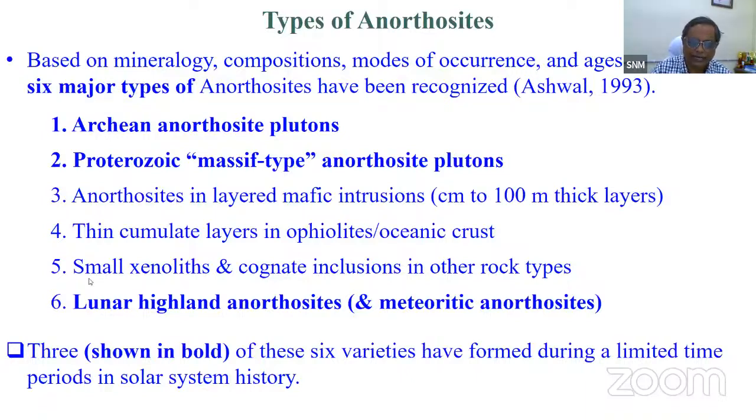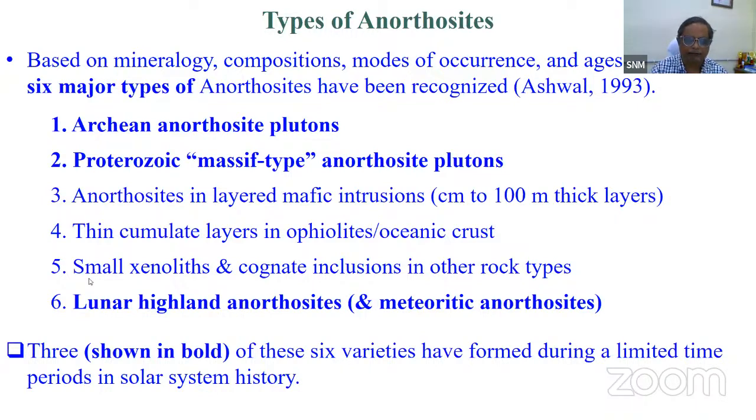The Archean anorthosites, as the term indicates, formed in the Archean. Proterozoic or massive type anorthosites formed during the Proterozoic period, and lunar anorthosites formed during the formation of the moon itself, early in the moon's history. So they do have a restricted time.